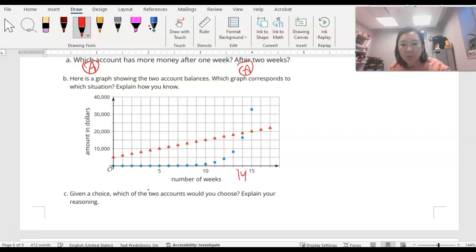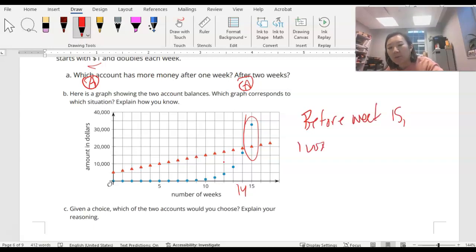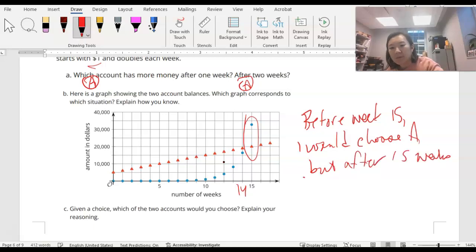So if I am going up until 14 weeks, at week 15, my exponential account suddenly increases a lot. So before week 15, I would choose A, but after 15 weeks, I would choose B, right?